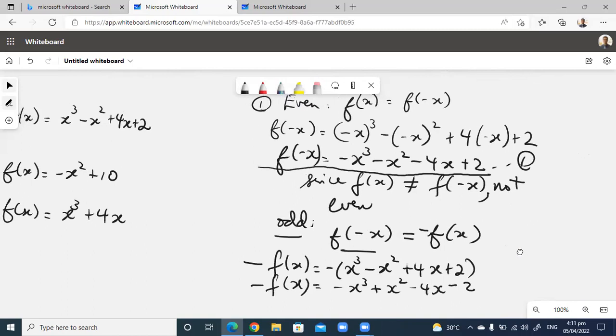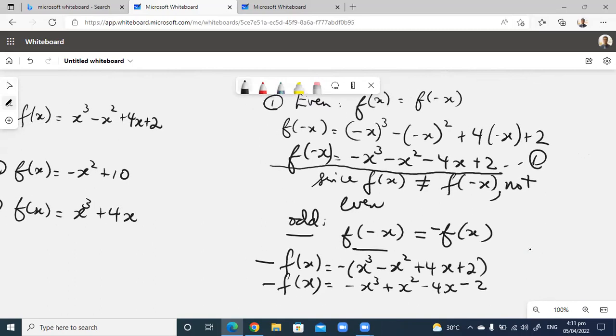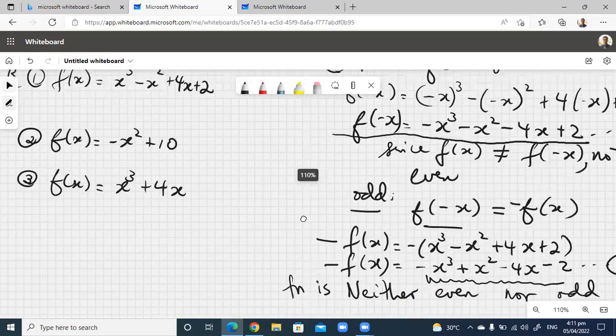Let's see now, is f of minus x, which is 1, and if I call this 2, are 1 and 2 the same? No, they are not the same, so it's neither. Right? So the function is neither even nor odd. And that's the answer for question 1.